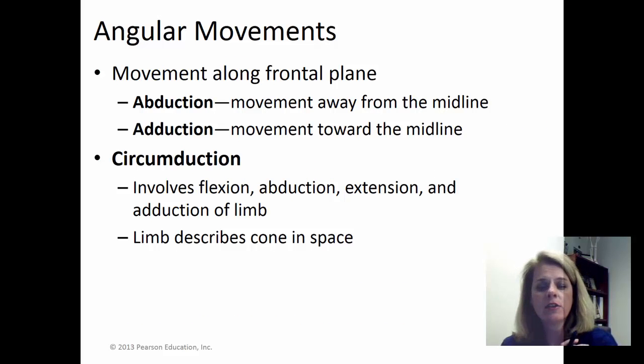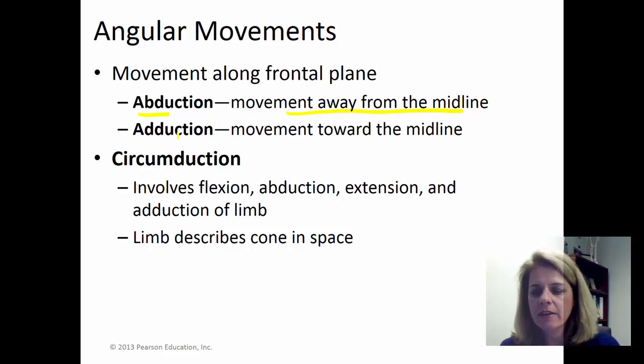Okay? Angular movements. These are movements along the frontal plane. Okay, so go back to thinking about the difference between a transverse plane, a sagittal plane, and a frontal plane, if that doesn't make sense to you. So abduction and adduction. So if you were to abduct someone, you're taking them away, right? So abduction is movement away from the midline.